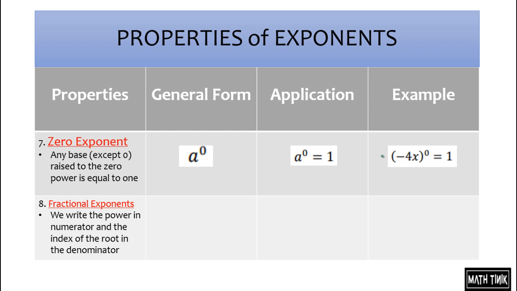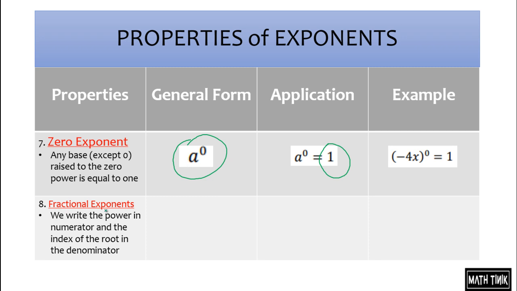Like this example, the quantity of negative 4x raised to 0 is always equal to 1. By the way, it says here any base except 0, because 0 raised to 0 is undefined, or your calculator will give you a math error. By the way, a here is a variable. It means it could be any number or any other variable. It may be 2 terms, 3 terms.